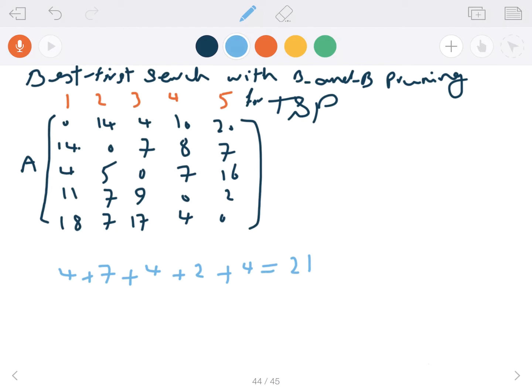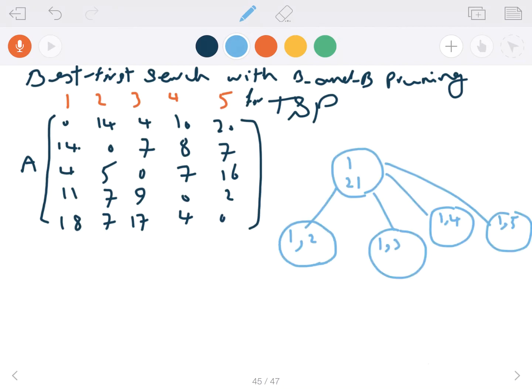So instead of using the maximum bound, this time for the TSP problem we are using the minimum bound. We calculated the minimum bound using node 1 as the start node, and it was 21. We summed up the minimum value on every row, from any node to other nodes in the graph.